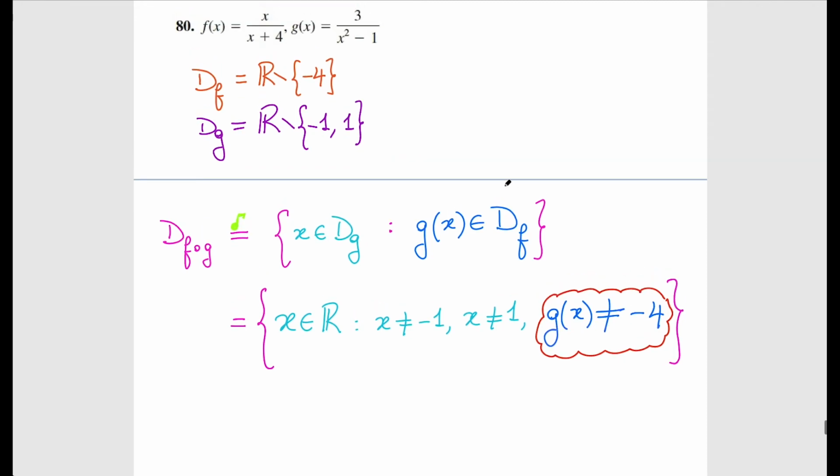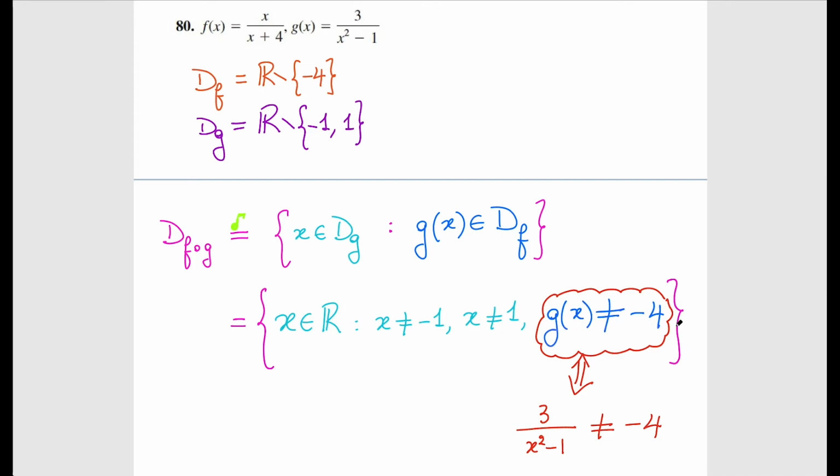All right, what does it mean for x so that g of x is not negative 4? Well, g of x is 3 divided by x squared minus 1, right? So this thing becomes the same as saying that 3 divided by x squared minus 1 is not negative 4. That's the same thing, because g of x is this expression.